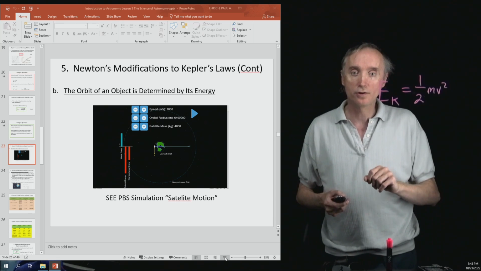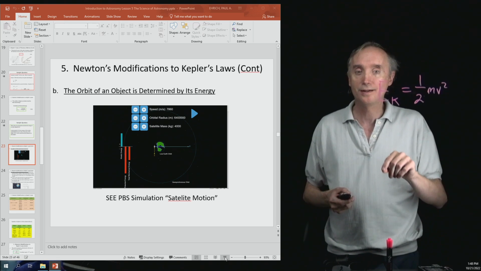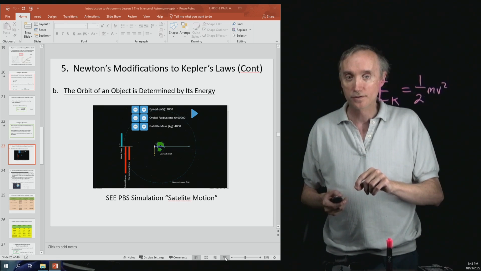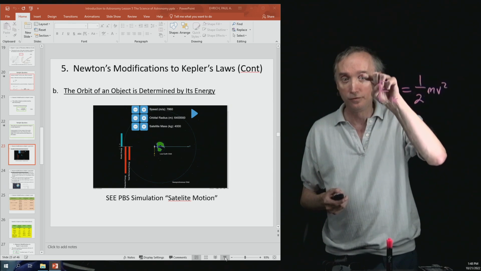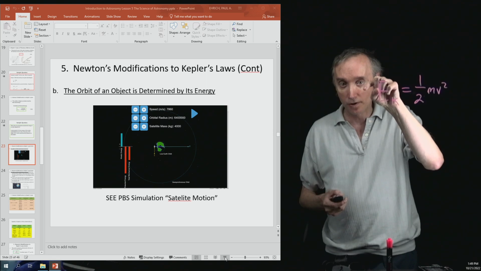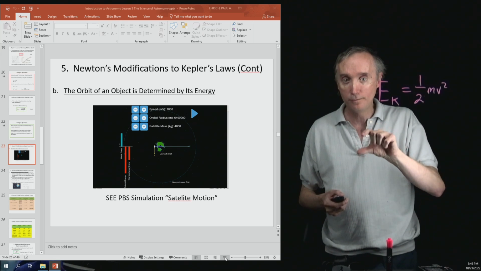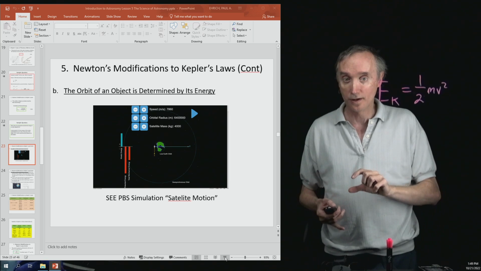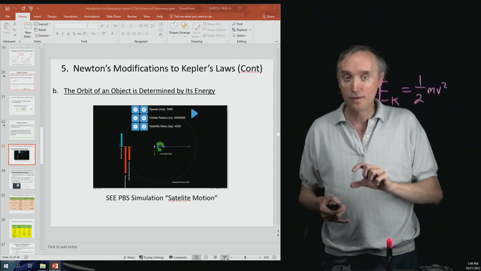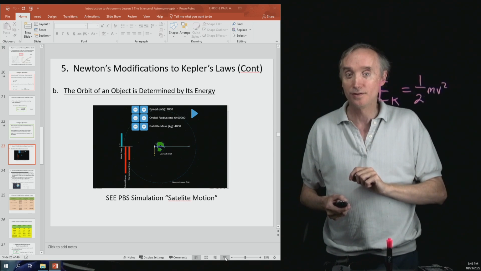Now you also notice it's telling you what the kinetic energy is, so that's the blue one. Do you notice that the blue bar is above and the red bars are below? The first red bar is the potential energy, and the second red bar is the total energy.